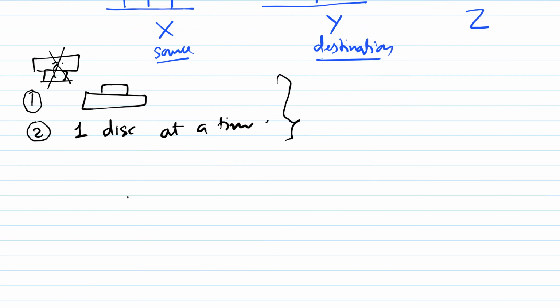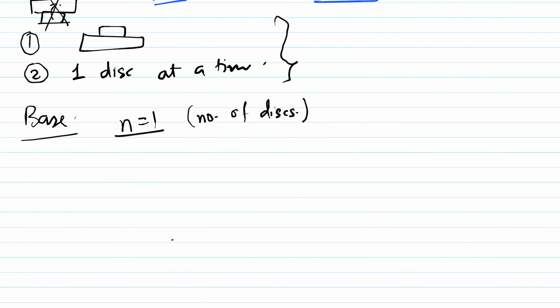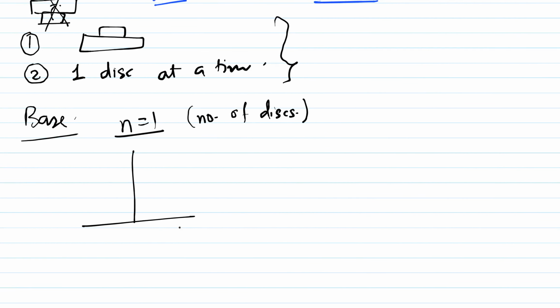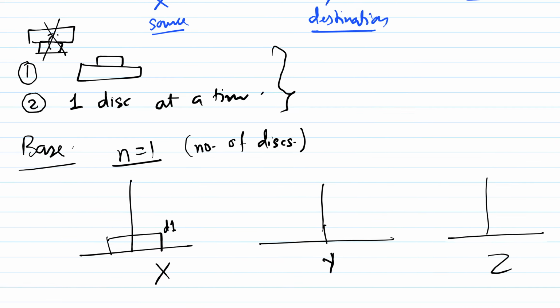So now let's think of the base case as usual. N equal to 1. Here n is the number of disks. So let's name them. We have this X and it has just one disk, D1, and then we have Y and Z. So let's write the function signature.